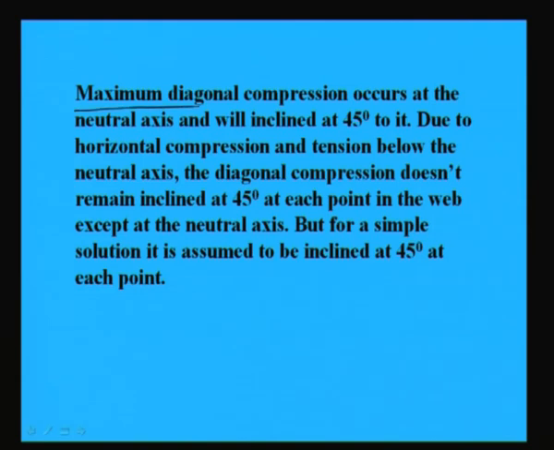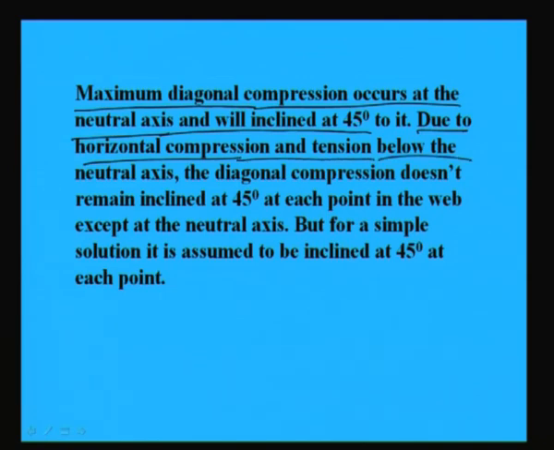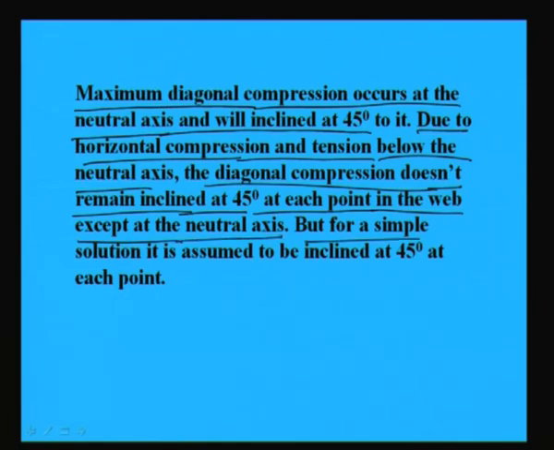The maximum diagonal compression occurs at the neutral axis and will incline at 45-degree to it. Due to horizontal compression and tension below the neutral axis, the diagonal compression does not remain inclined at 45-degree at each point in the web except at the neutral axis, but for a simple solution it is assumed to be inclined at 45-degree at each point.